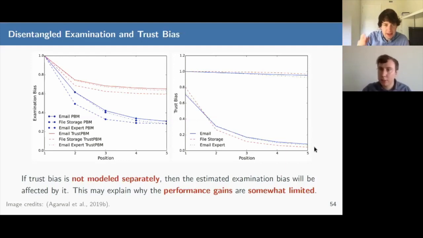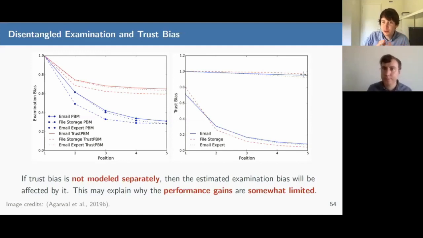Exactly. So both models have to explain why we see so many fewer clicks on, for instance, position 5. What the trust bias model says is that this is because we see much fewer clicks on incorrect documents, but we still see roughly the same amount of clicks on correct documents.